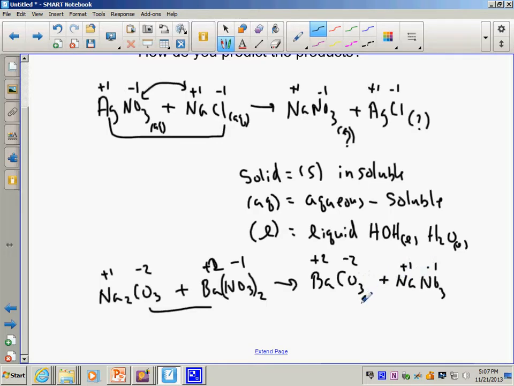I'm not done yet. I would require myself to have at least one solid form. I haven't discussed yet how we determine whether it's a solid. But I have now predicted my potential products, at least on paper.